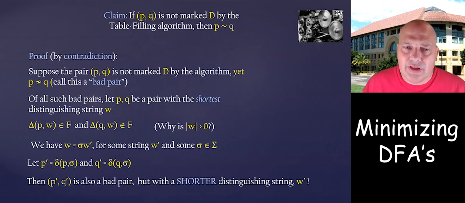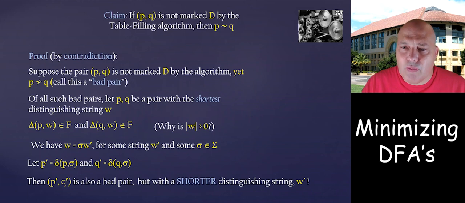So this means that P prime and Q prime are also a bad pair, right? This is a pair that is distinguished by W prime, and it's a pair that is not marked by our algorithm in D.